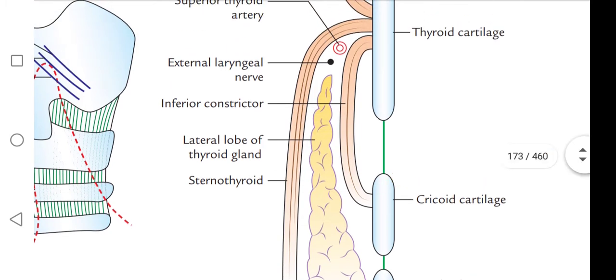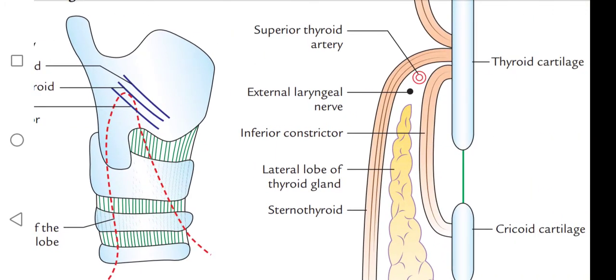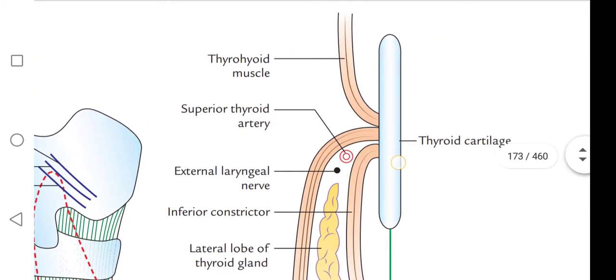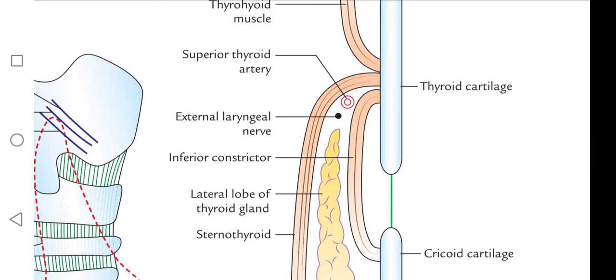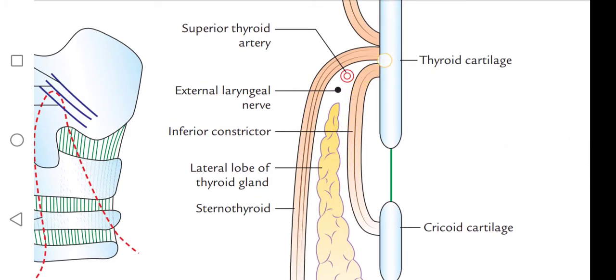It is attached to the oblique line of thyroid cartilage, and this attachment to the thyroid cartilage is limited by the sternothyroid muscle.